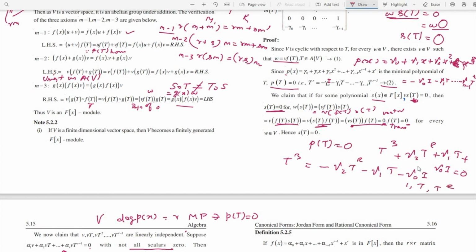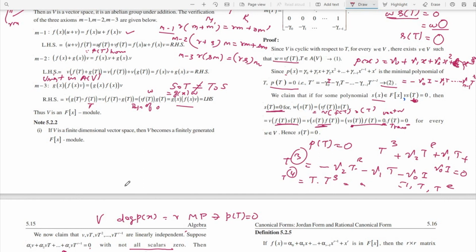Okay. So in the same way, if you have t power 4, then you can have that as t composition t cube. So that is again a linear combination of this. It will involve t cube. Again you can make use of this. So ultimately, whatever may be the index, when you consider the degree of p of x to be like this, then you can always write t cube, t power 4 and so on as a linear combination of just 1, t, t square.